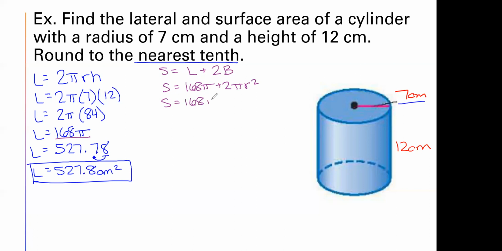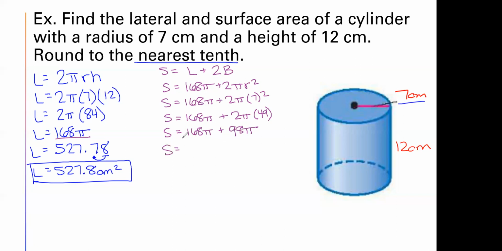So the radius of the base is 7. So this would be 7 squared. So I have 168 pi plus 2 pi times 7 squared, which is 49. And then I'm going to multiply the 49 by 2, and I get 98 pi.